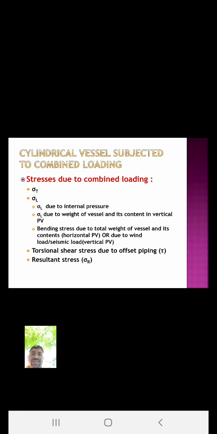And last is the resultant stress, denoted by sigma r. Resultant stress is denoted by sigma r. Now, how to find the stresses induced in the circumferential and longitudinal directions, the torsional shear stress and the resultant stress, we will see one by one.